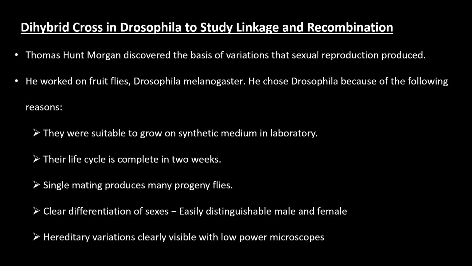Clear differentiation of sexes, that is easily distinguishable male and female, and hereditary variations clearly visible with low power microscope. Because of these reasons, Morgan selected Drosophila melanogaster for his experiments.